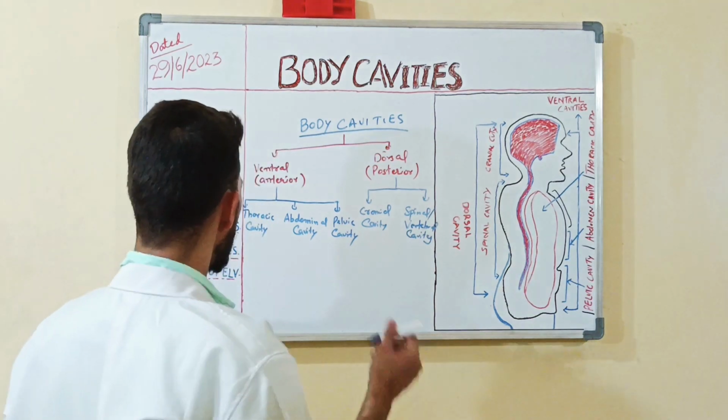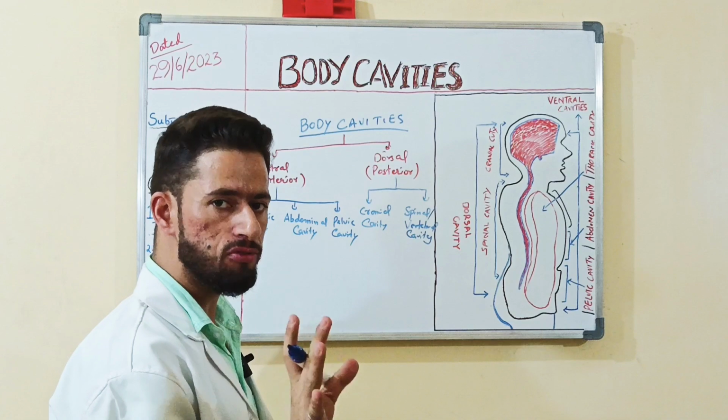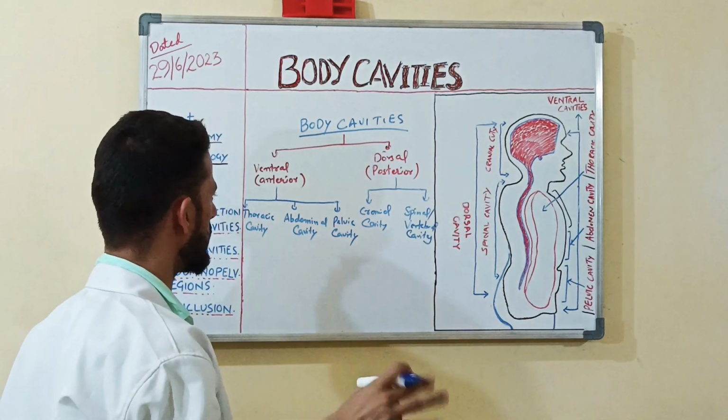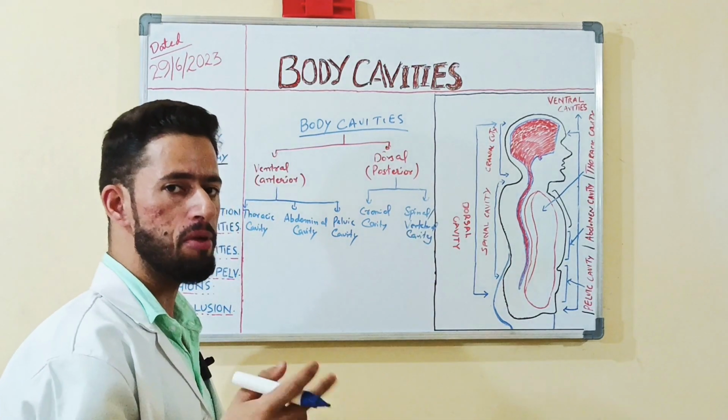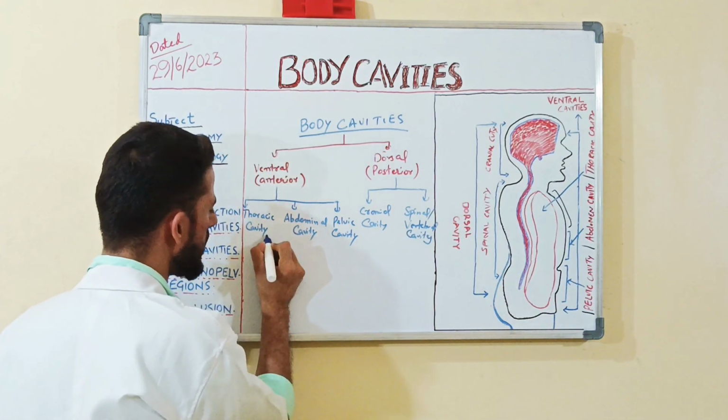But after this, the thoracic cavity is subdivided into more cavities, meaning three more cavities come under the thoracic cavity. So which three come in the thoracic cavity?